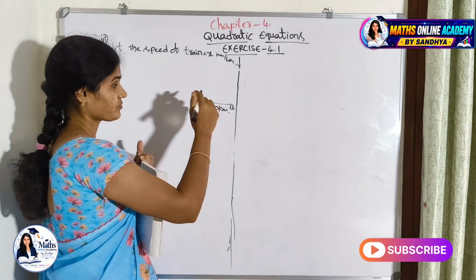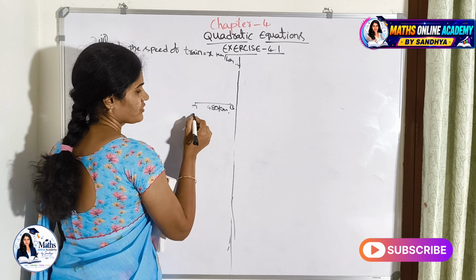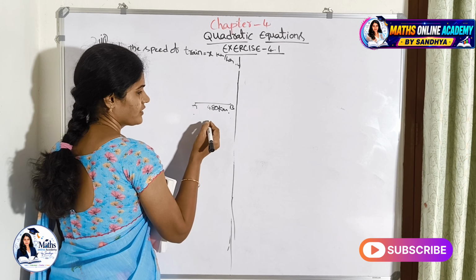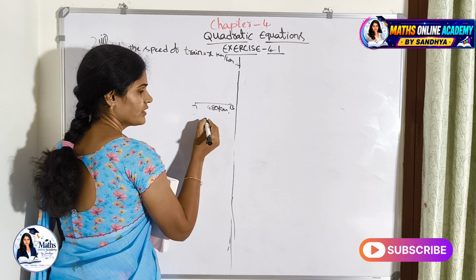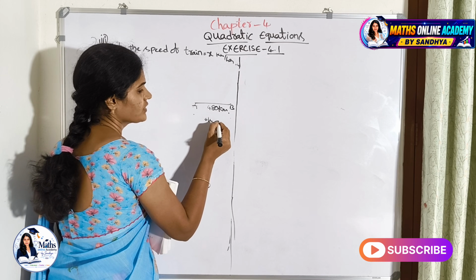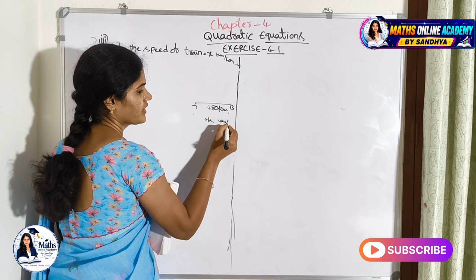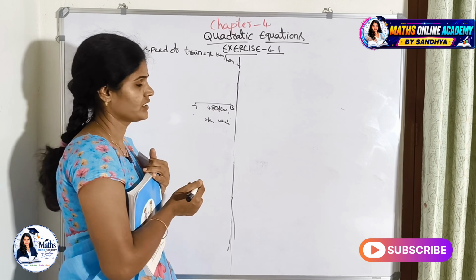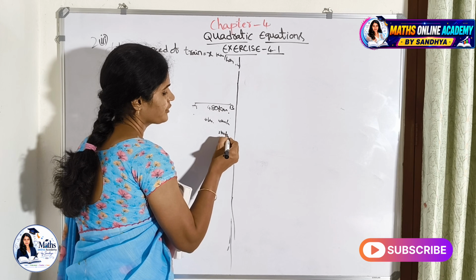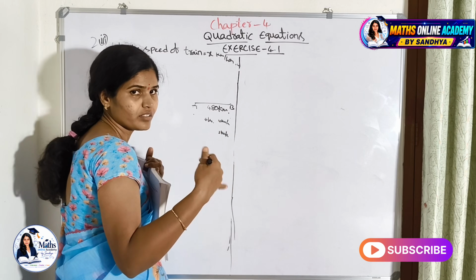For example, a train is moving with uniform speed from A to B. It has taken, for example, 4 hours. If it is moving at some lower speed, for example 2 kilometers per hour less, it will take more time.